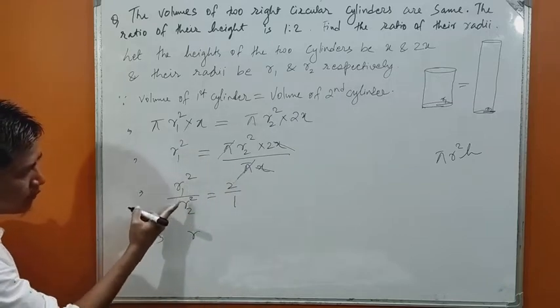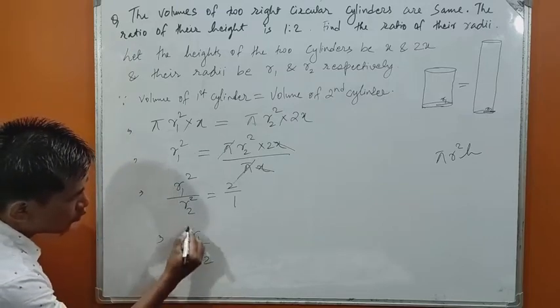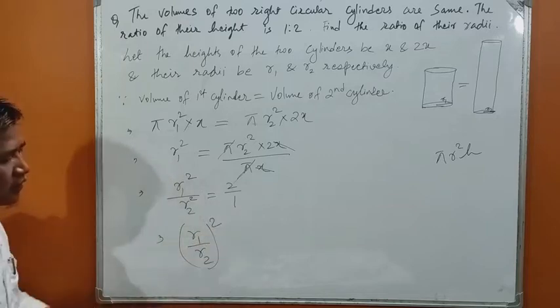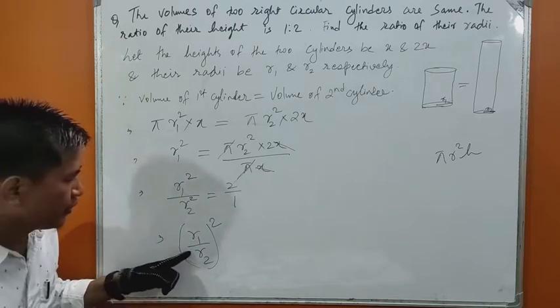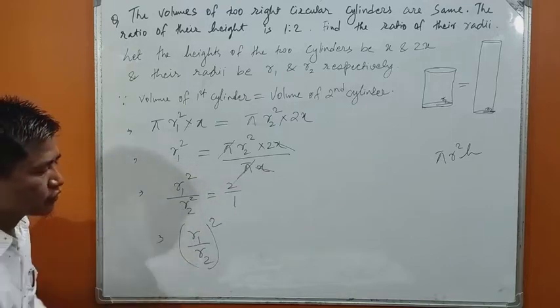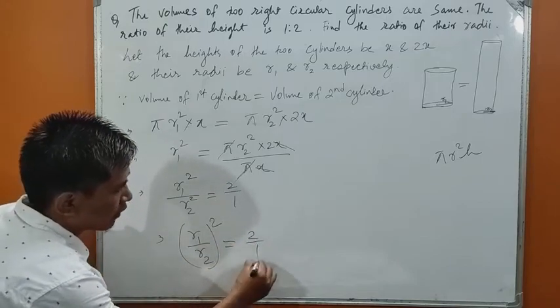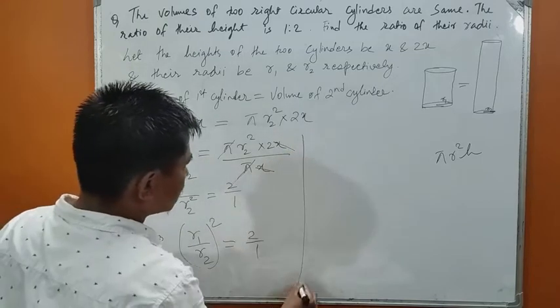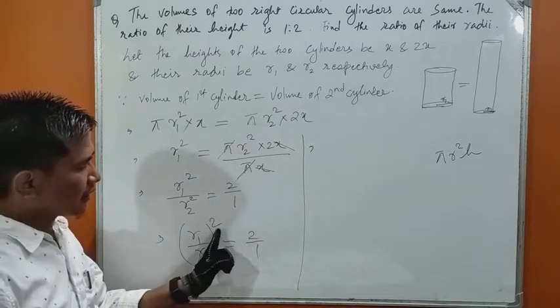So r1 square upon r2 square can be written as r1 by r2 whole square, because the square applies to both the numerator and the denominator. So r1 square is r1 square and r2 square is r2 square, equals 2 upon 1, isn't it? Now let us take this square to the right hand side.